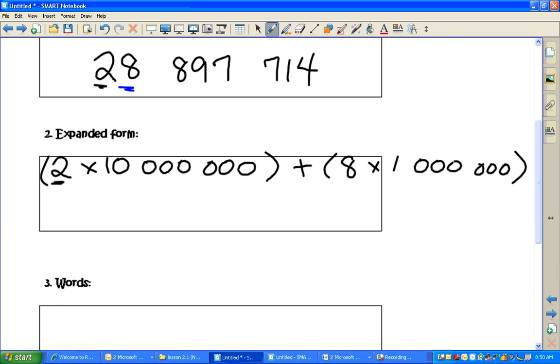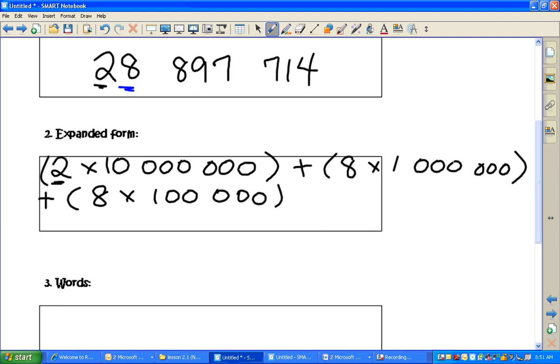Don't forget you need to multiply as well, though, right? So thank you, Max. Plus, open bracket, 8 times 100,000. Make sure you have it in brackets. Make sure you have spaces between the periods, right?